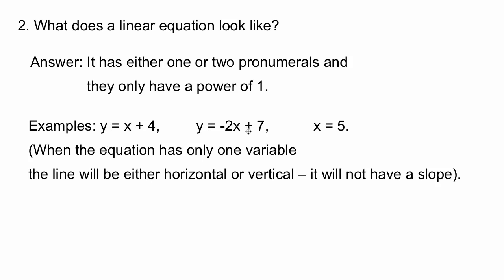Same with this example, and this one is a linear equation as well, but with only 1 pronumeral. Now, when an equation has only one variable, such as x equals 5, it will be a line that is either horizontal or vertical, so it won't have a slope. And in fact, in this case, x equal to 5 is a vertical straight line.